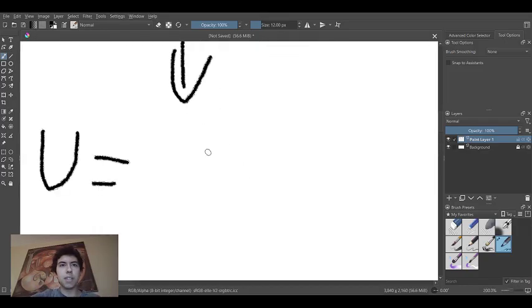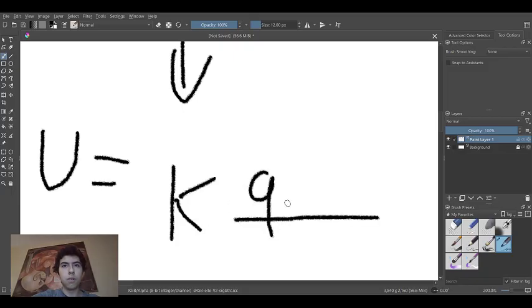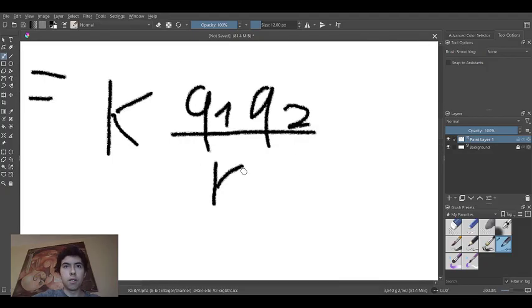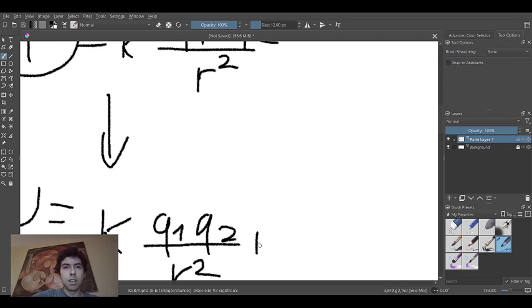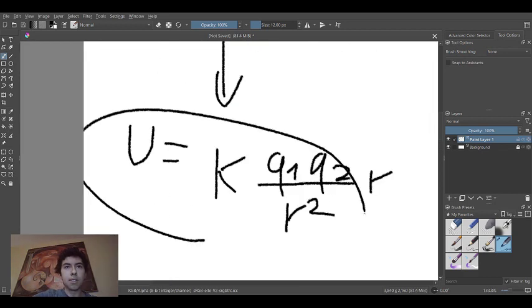So this will be K times Q1, Q2, R squared this time, times R. Why is this equation like this?